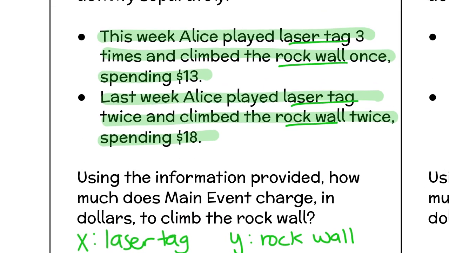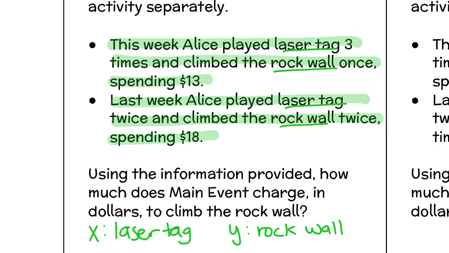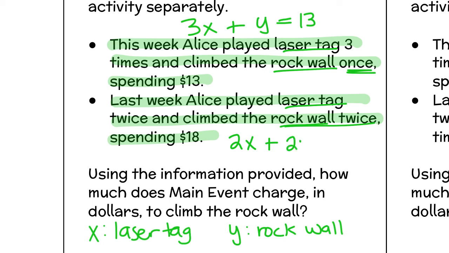So for our first equation, I have, she played laser tag 3 times, so that would be 3x. And then she climbed the rock wall once, so that means just 1y, and paid $13. Then the second bullet says she played laser tag twice, so that's 2x, climbed the rock wall twice, so 2y, and this time she spent $18.